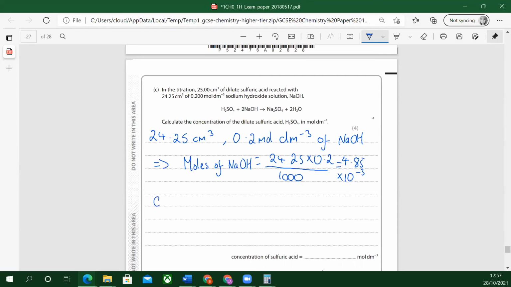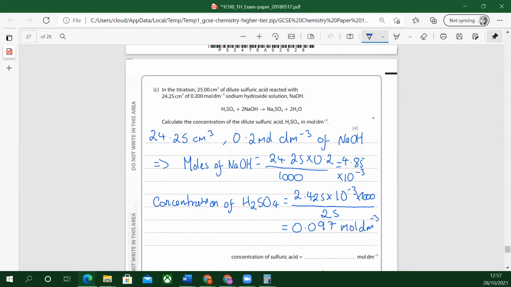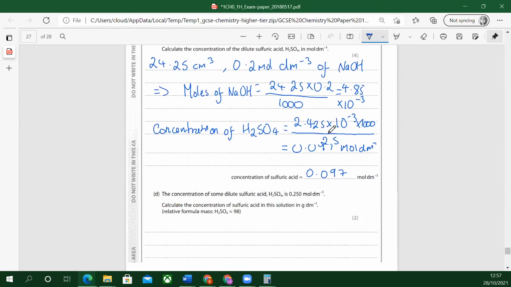So concentration of H2SO4 equals 2.425 times 10 to the minus 3 times 1,000 over 25, which gives us 0.097 moles per dm cubed.